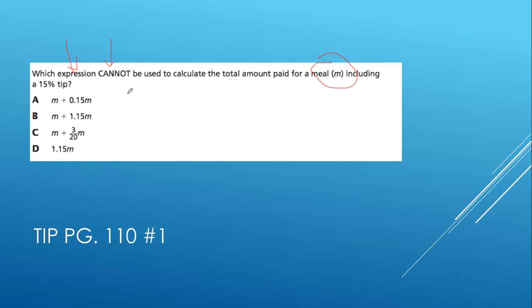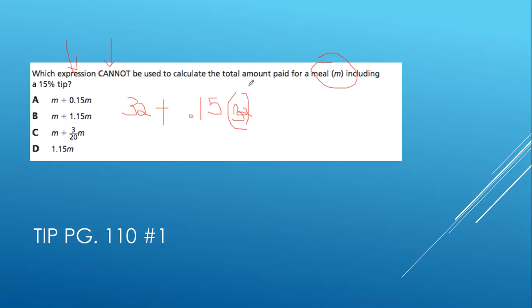So 15%. So we added our 32, right? Plus, we added 0.15 times 32. Oops, that's really bad. Or our meal, our total.